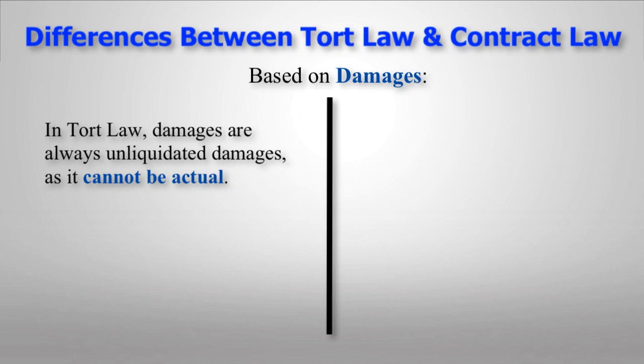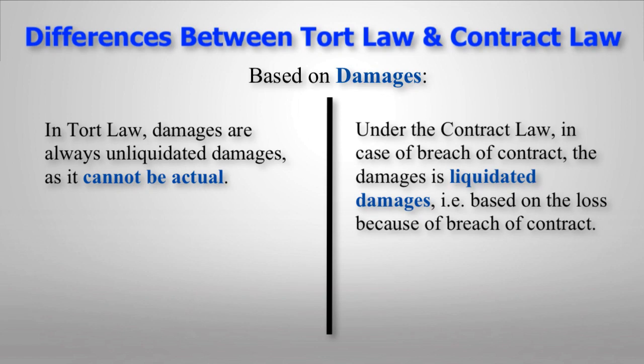So that is a lump sum amount, or decided by the law. So it is unliquidated. On the other hand, under the contract law, the damages are liquidated, because that is already decided while making the agreement. So that is liquidated based on the loss because of breach of contract.